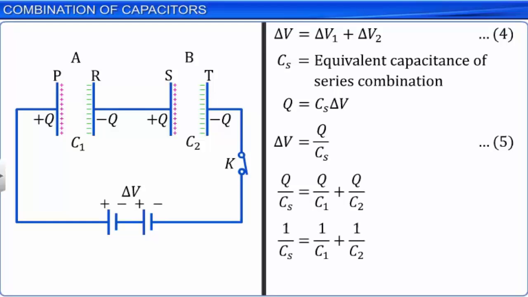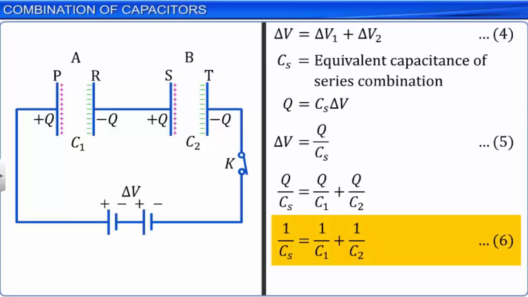Let this be equation 6. Equation 6 gives the relation between the equivalent capacitance for the combination of two capacitors connected in series and their individual capacitances. The equation can be extended for any number of capacitors with different capacitance values connected in series.